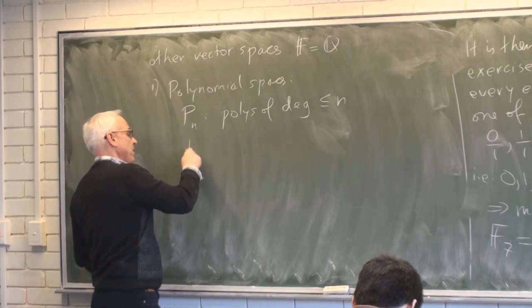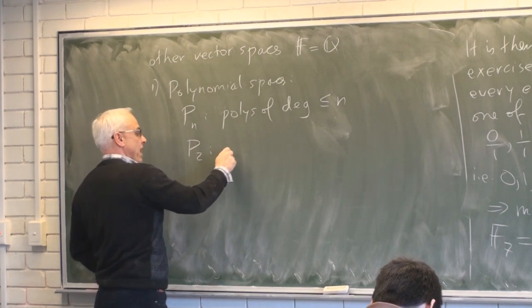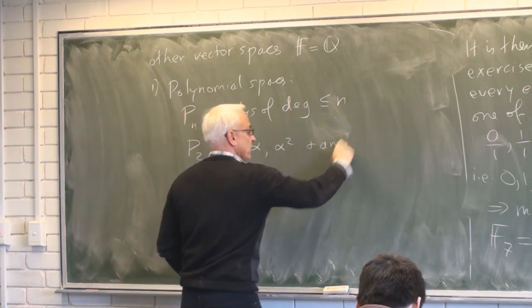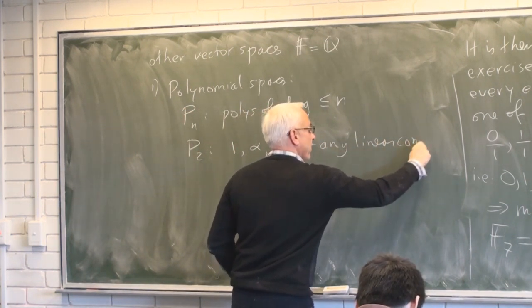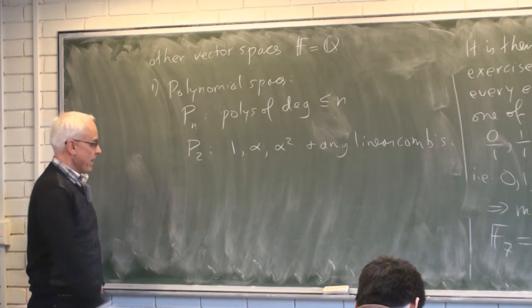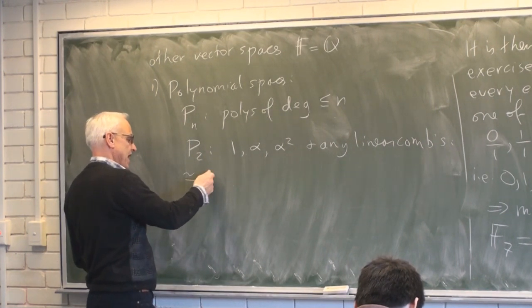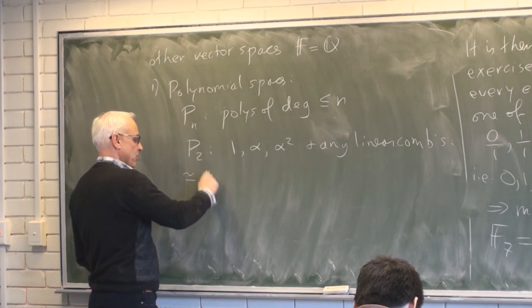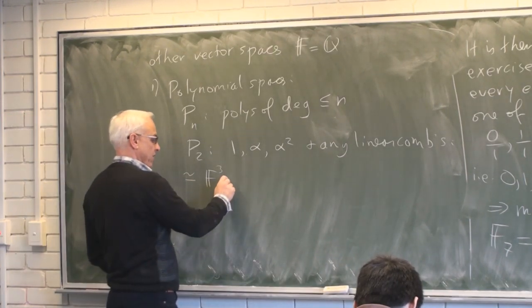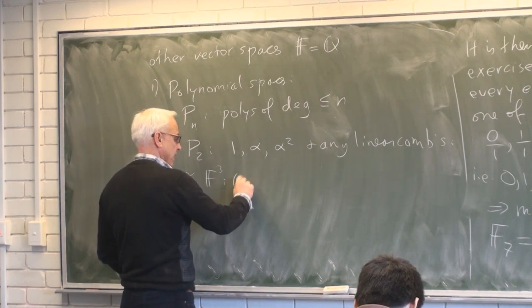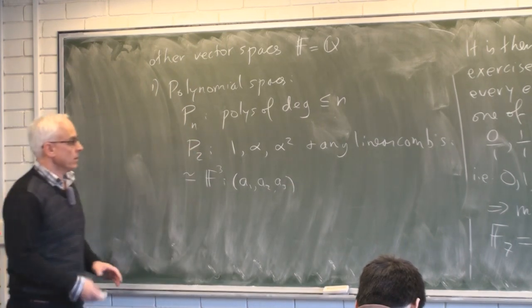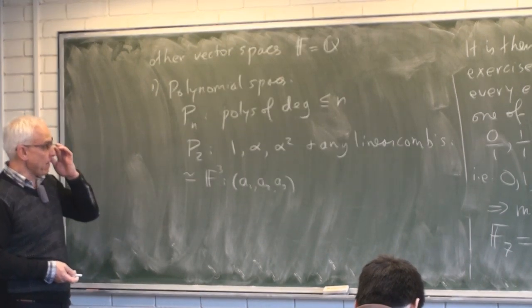So P_2, for example, would have polynomials like 1, α, α squared, and any linear combinations. As a vector space, that turns out to be the same as the three-dimensional space F^3 consisting of vectors, say (a1, a2, a3). So polynomial spaces are examples of vector spaces.